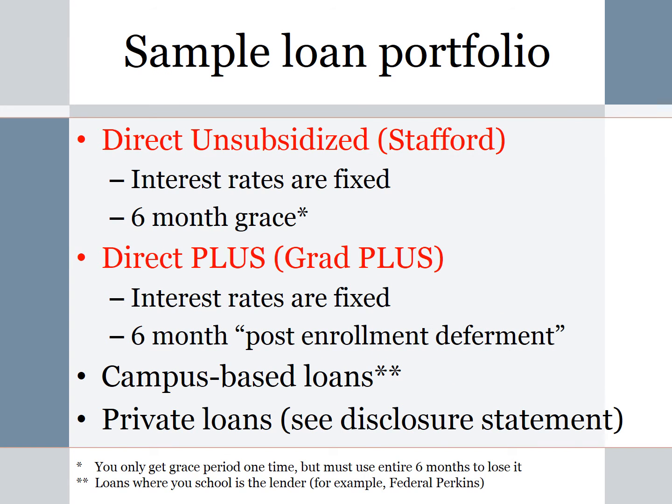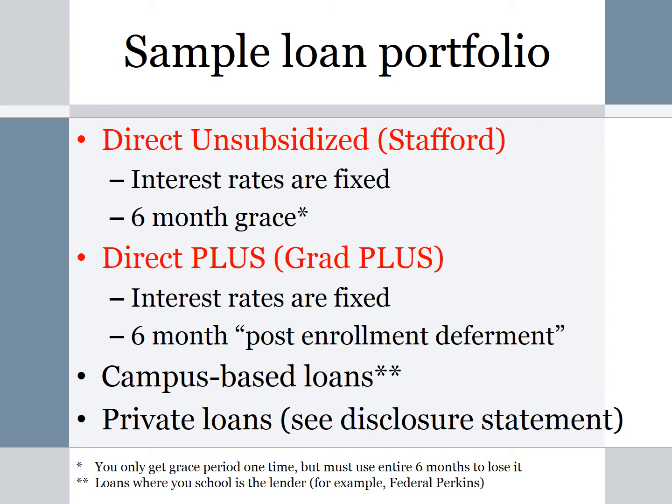Now, this is a listing of some of the different loans you may have in your student loan portfolio. We've highlighted direct unsubsidized and direct plus because these tend to make up the bulk of, if not all of, the student loan portfolios for many podiatric medical school students. The direct unsubsidized is sometimes referred to as Stafford, and direct plus is often called the Grad Plus loan.